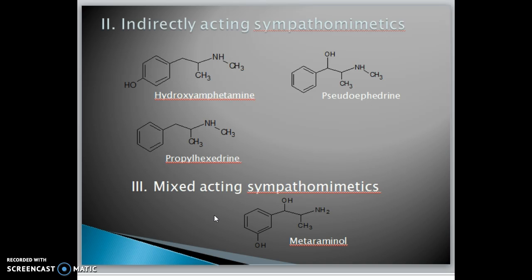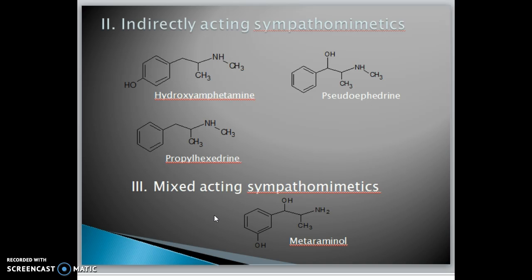Here we have one more example, ephedrine, which has a similar structure to pseudoephedrine. They differ only stereochemically. Because of the substitution of a methyl group on the alpha carbon of the ethylene bridge, there arises a chiral carbon, which gives us the ephedrine structure, which acts as a mixed acting sympathomimetic.